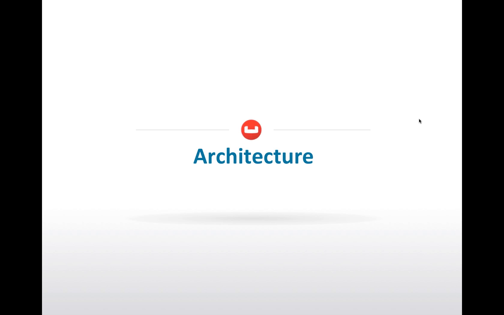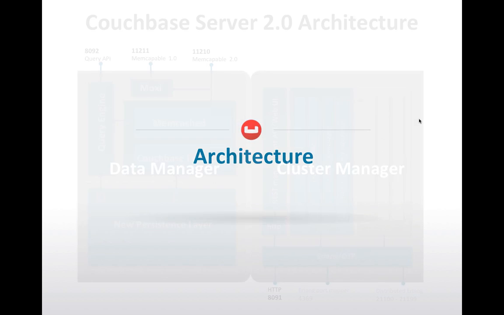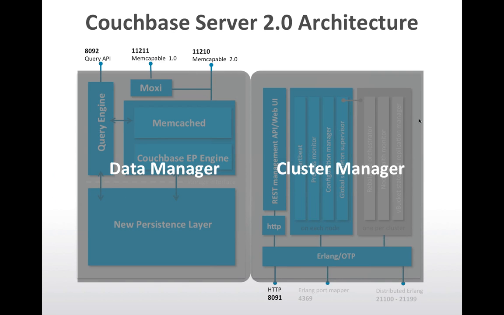So now let's look at the Couchbase architecture. One important thing to mention here is, as I mentioned earlier, all the nodes in a Couchbase cluster are identical. Here is an example of one single node of Couchbase.